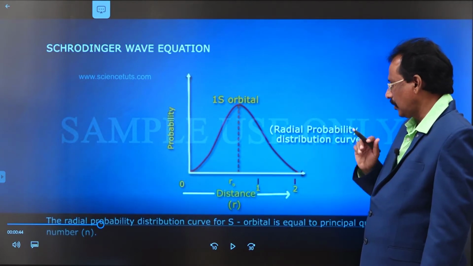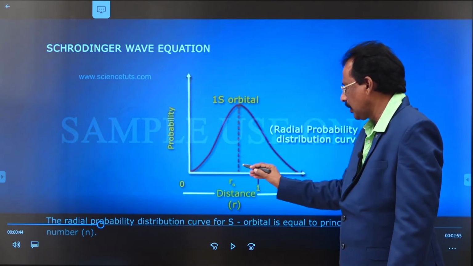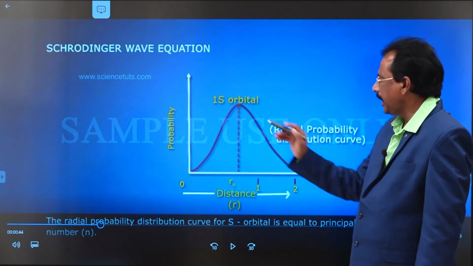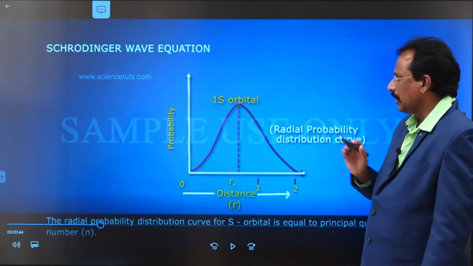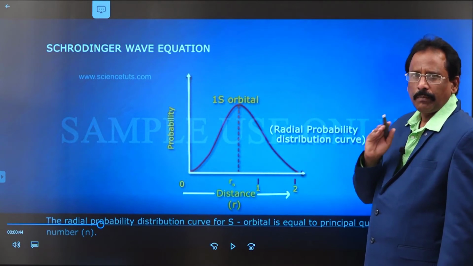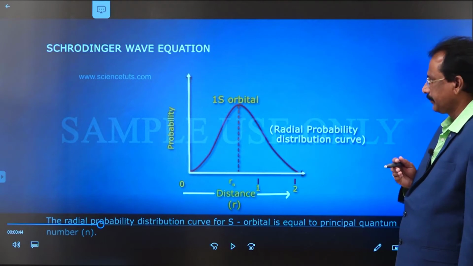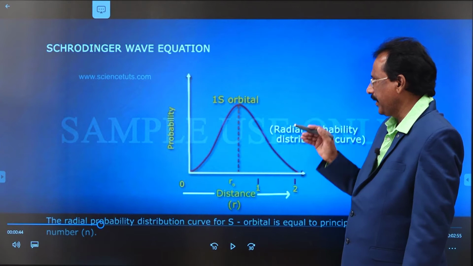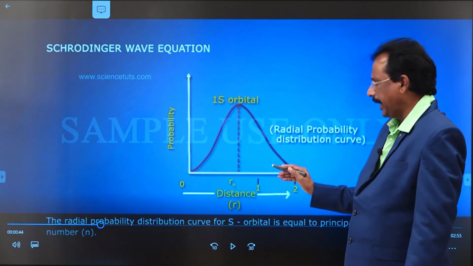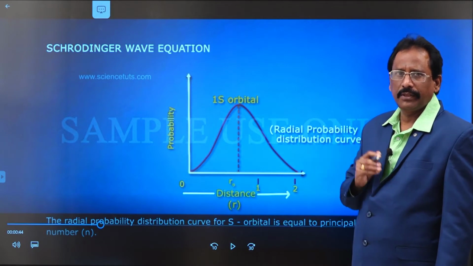If the graph is drawn between the radial distance from the nucleus to the electron position and the electron probability function capital D, which is equal to 4 pi r square dr into psi square, this is nothing but the graph between psi square and r. Psi square is nothing but a probability function.